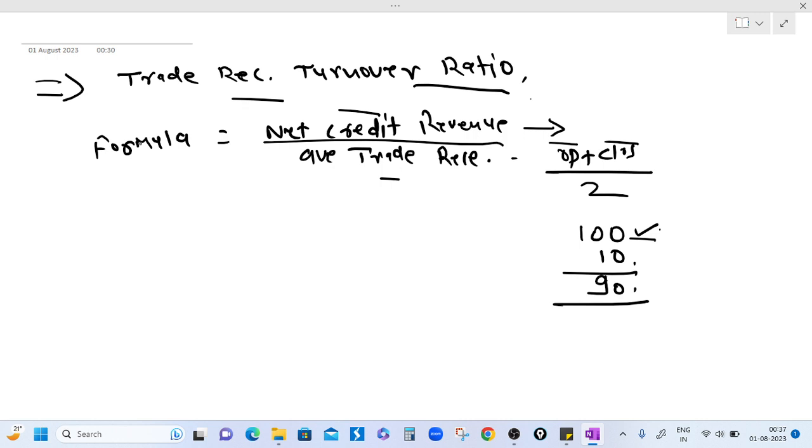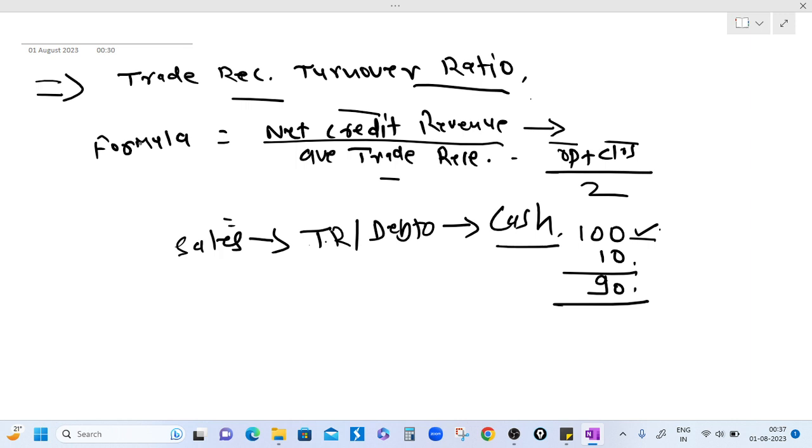Okay, so as we discussed, the higher this ratio, the more beneficial it is for the entity, because we are calculating how many times, if an entity makes sales, the sales go into trade receivables or debtors, and from debtors convert into cash.